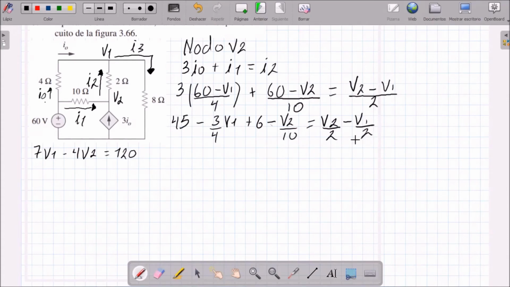So, we continue applying something. I'm going to pass the ones that have the variable to the other side, and the ones that are here on this side, I'm going to order here. Here it would be minus B1 over 2. I'm going to pass this one that has B1 to the other side, so it would be 3B1 over 4 plus B1 over 2.